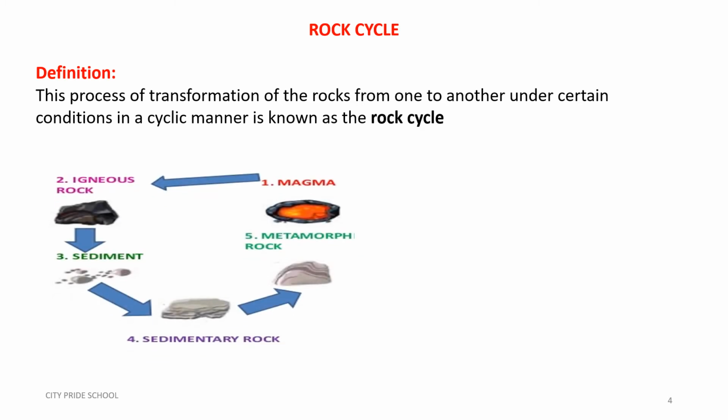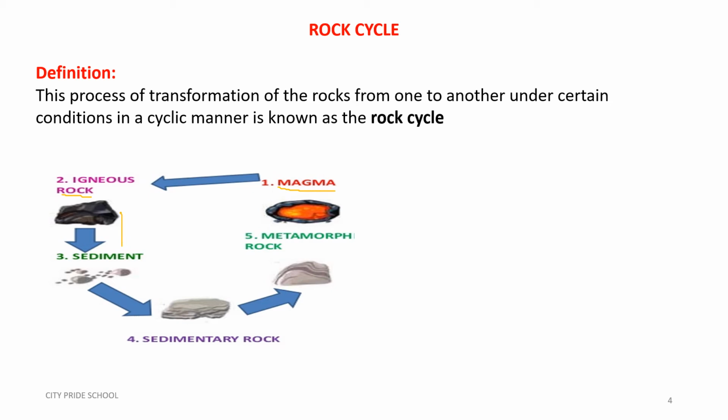See this picture. We have learned about igneous rock. The magma comes out, cools down on the surface of the earth, and igneous rock is formed. Now this igneous rock is exposed to the sun, heat, wind and rainfall. So it starts breaking.